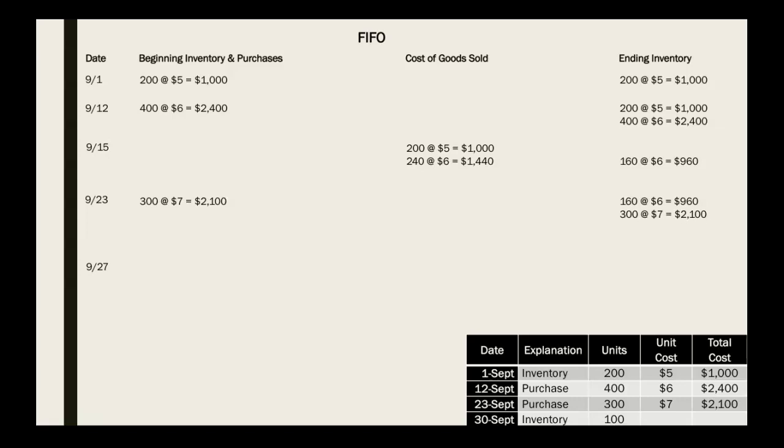And then right below that, we'll put this new 300 unit purchase that we just made. So we have 160 units at $6 and 300 units at $7. So we have a total of 460 units right now.